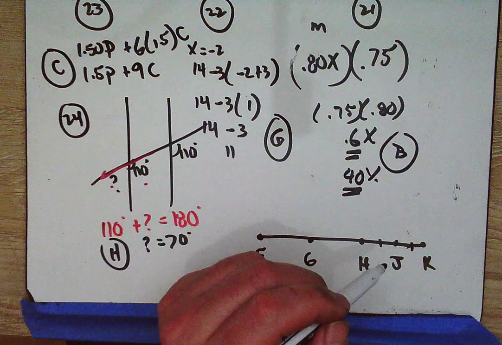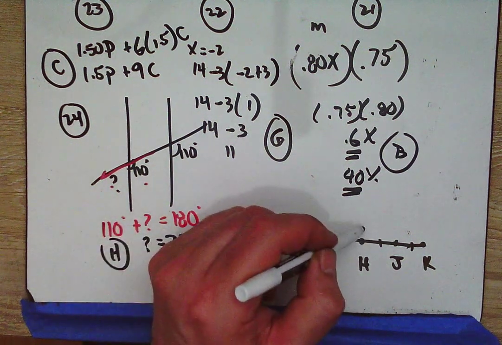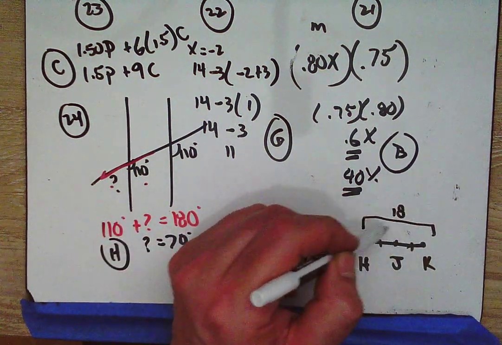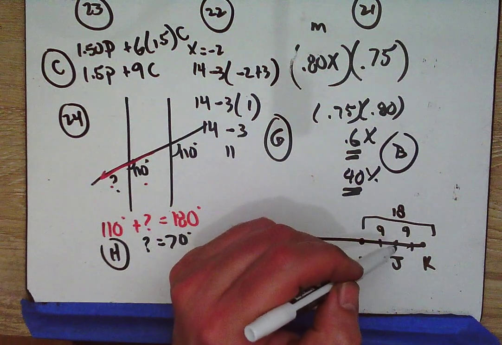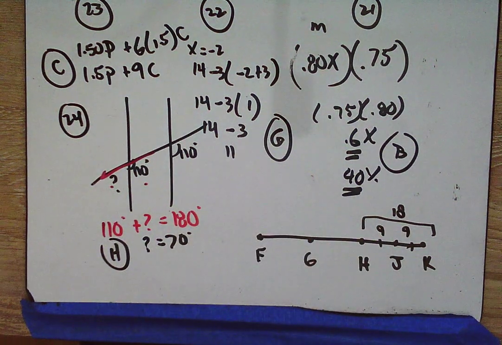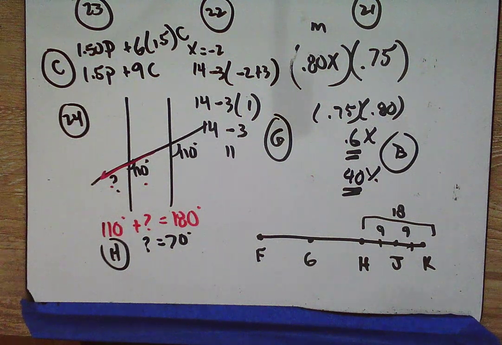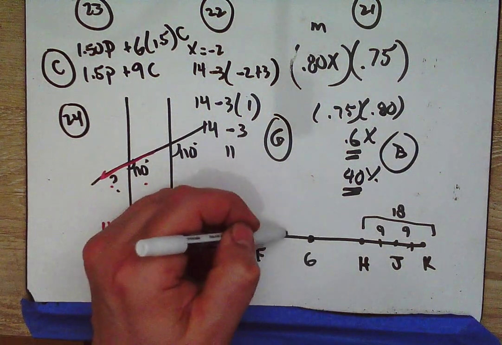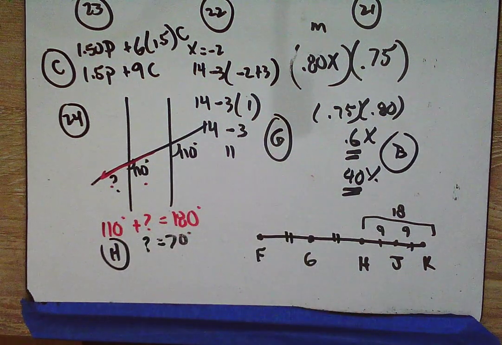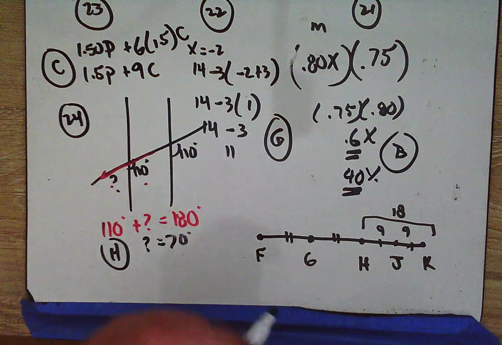We're told that HK is 18. So each of these must be 9. And we're told that G is the midpoint of FH. So we know these are congruent.